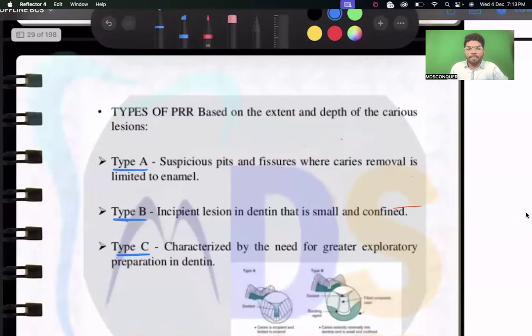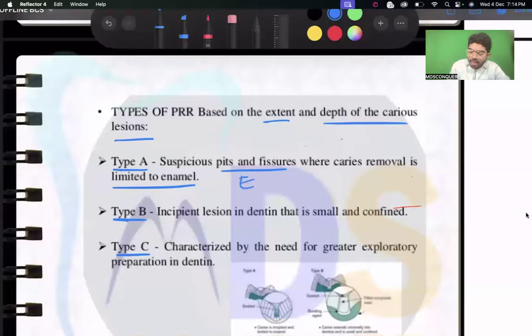The types of preventive resin restorations are based upon the extent and depth of the caries lesion. For example, type A: you have pits and fissures where the caries removal is limited to enamel. The second one is type B: there is caries in the enamel and an initial caries lesion in the dentin, which is confined and small.